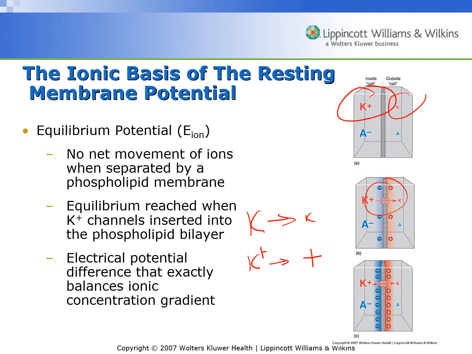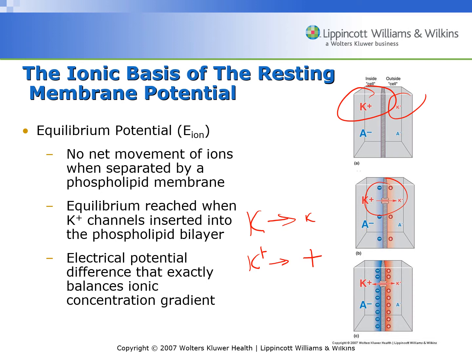You're not going to have a positive charge move into a positively charged location, because those charges are going to work against each other. So there's this tug between the concentration gradient and the charge of the ion to determine when we're going to reach that equilibrium point, where the rate of flow of ions in both directions is equal with that channel.